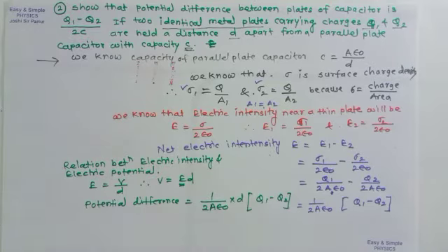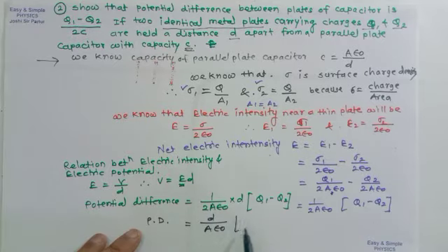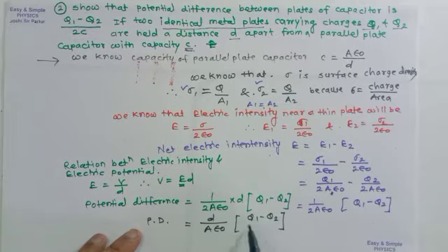So here we know that potential difference V is equal to D upon A epsilon 0 in bracket q1 minus q2 upon 2.